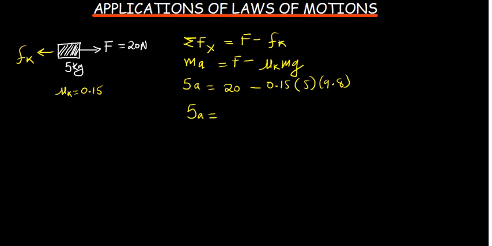First we're going to multiply 0.15 times 5 times 9.8. That will give us 7.35, and then divide both sides by 5 to remain with a. So a is going to be equal to 20 minus 7.35, which will give you 12.65. Then that 12.65, you are going to divide by 5. So the acceleration is going to be 2.53 meters per second squared.